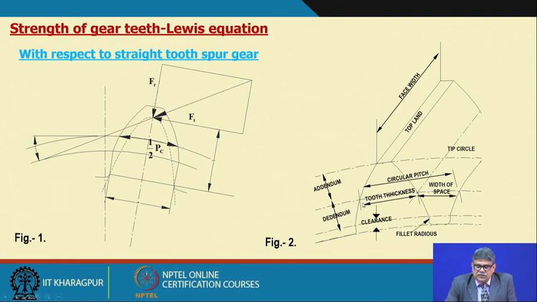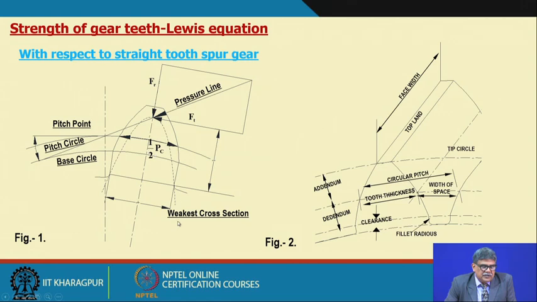These two pitch circles are meeting at the pitch point through which this line of action is drawn. This is the pitch circle, this is the base circle, and this is the pressure line or line of action, and this point is called the pitch point.